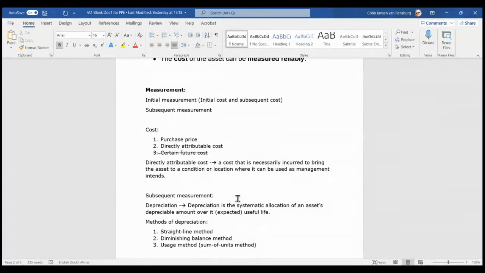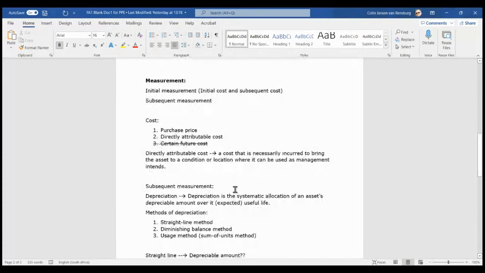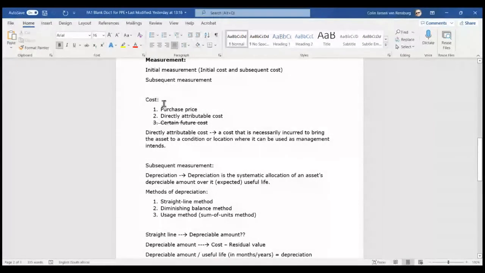Then just again a reminder, ladies and gentlemen, about how we determine the cost. The cost is determined by the purchase price firstly. So that is simply, as we've said earlier, what you are going to be paying for it, plus the directly attributable cost, which we again define here. By the way, I'll post a previous year recording where I actually sit and type these things under the additional resources if you are interested in watching that.